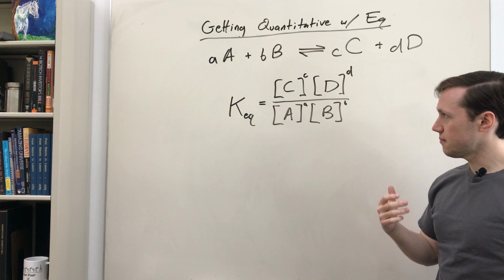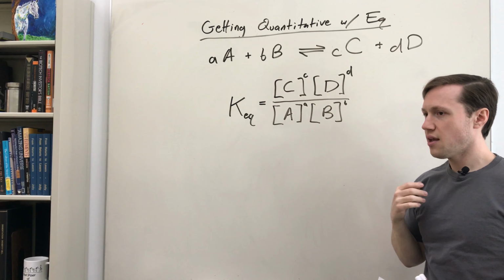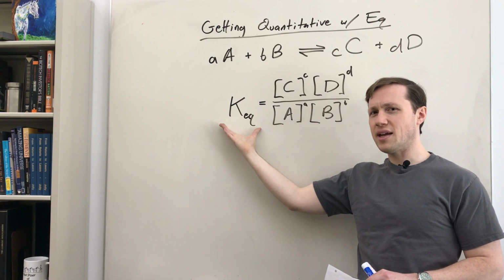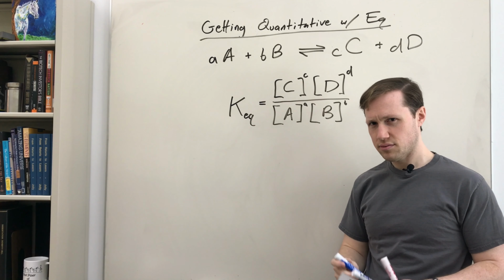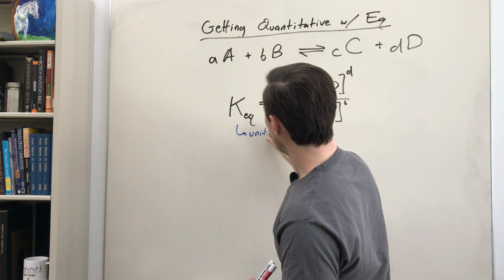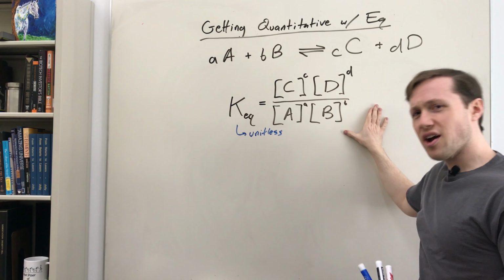The first is that this expression is ultimately going to make a unitless number. And at first, that might kind of bother you because we have a whole bunch of concentrations here.